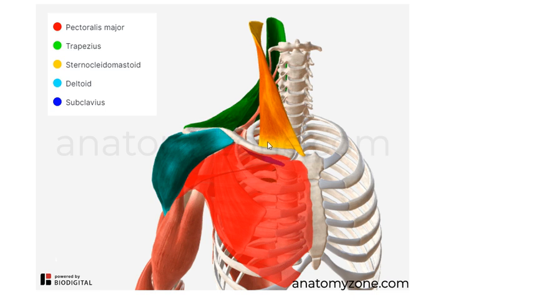What is behind it? Here you can see the inner aspect of the lateral 1/3. There is a muscle, the upper fibers of the trapezius, getting inserted inside. It is actually attached to a C-shaped arrangement formed by the acromion process of the scapula and the lateral 1/3 of the clavicle.